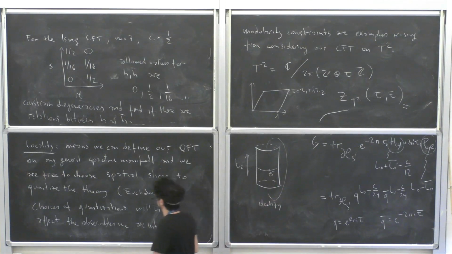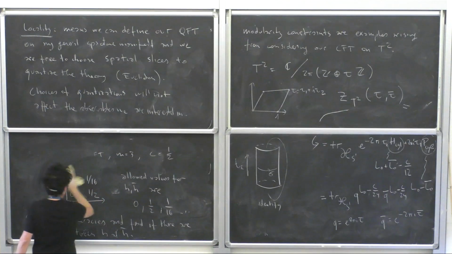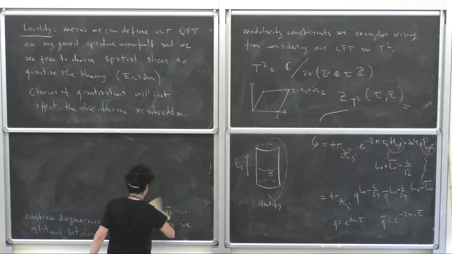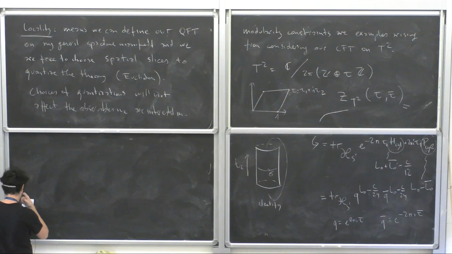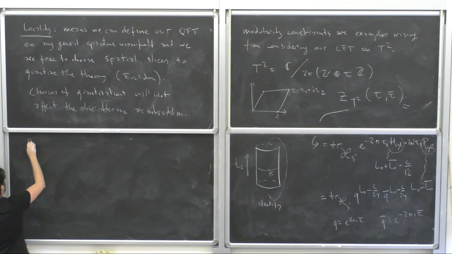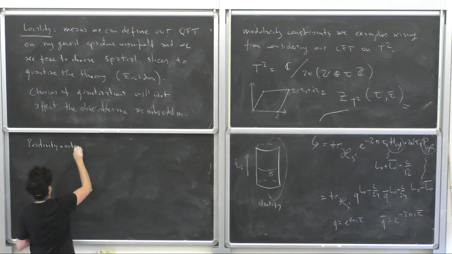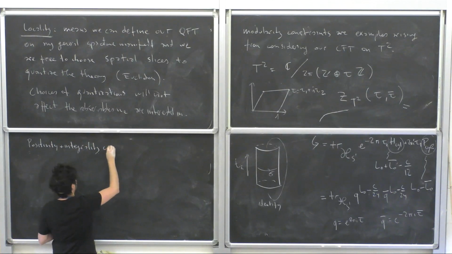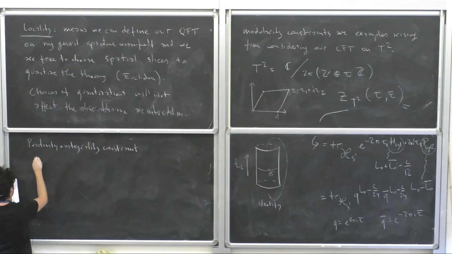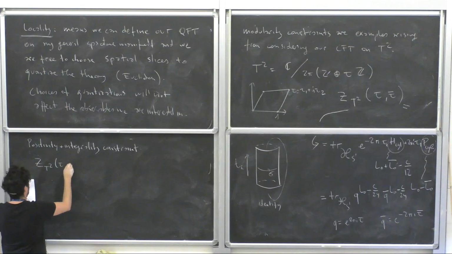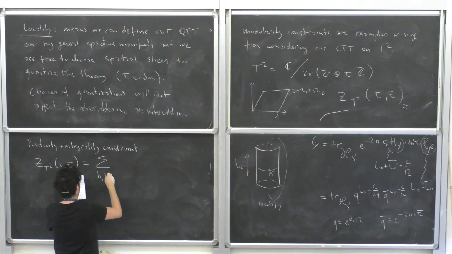In particular, we expect a positivity and integrality constraint, which is a statement that this T2 partition function has a decomposition in Virasoro characters.